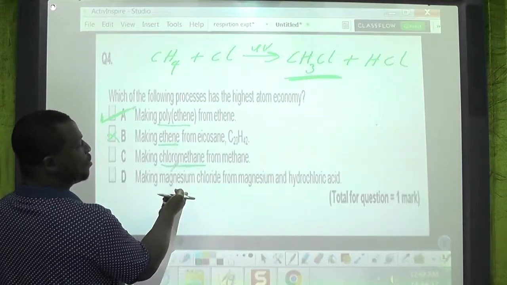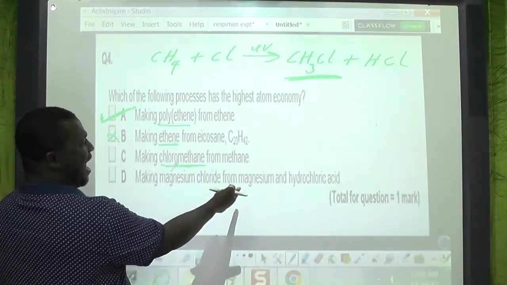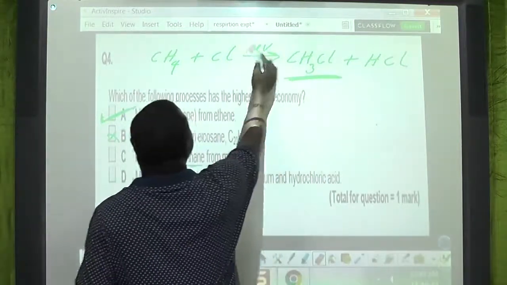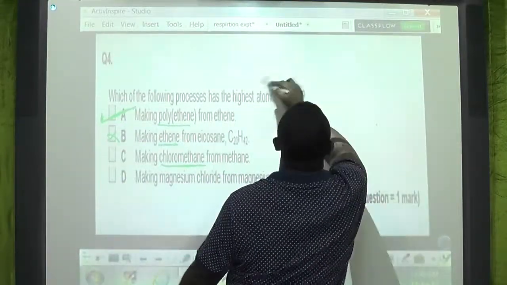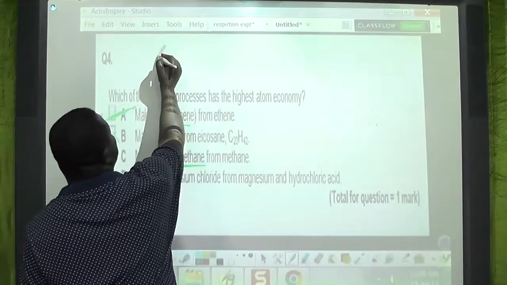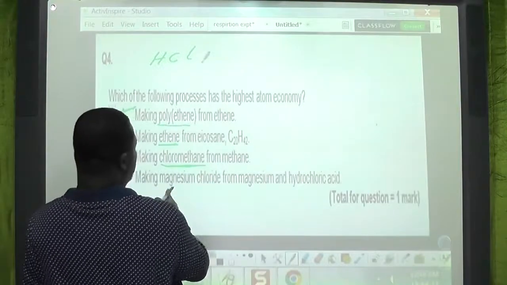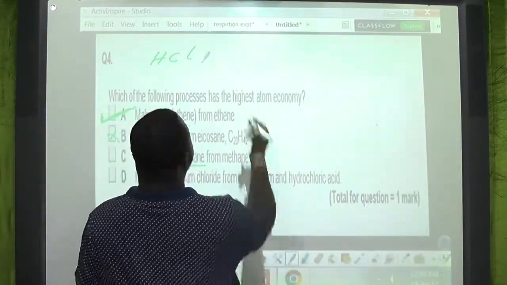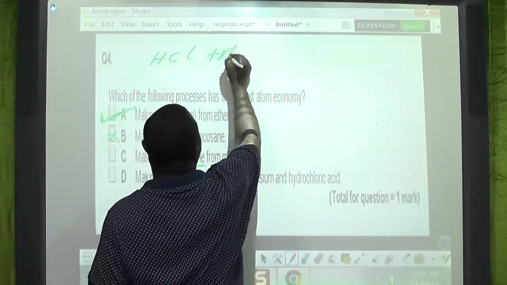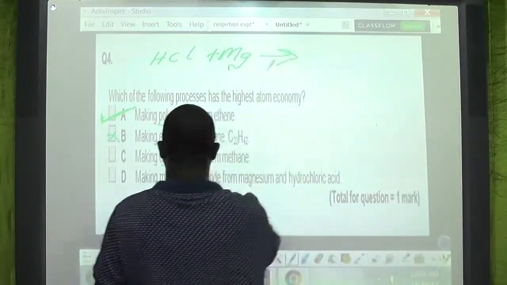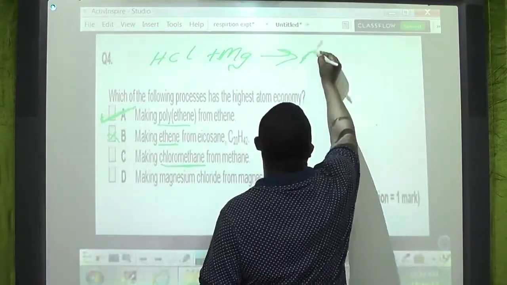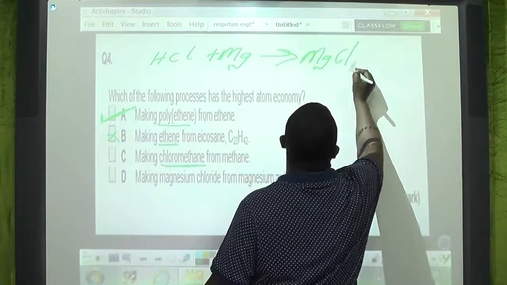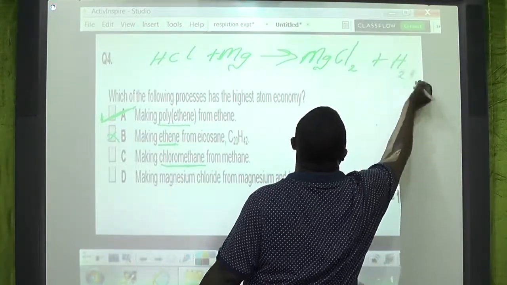Now making magnesium chloride from magnesium and hydrochloric acid. Of course, this is also a simple one from your GCSE or IGCSE. Acid reacting with a metal, magnesium, gives you magnesium chloride, which is a salt, and of course hydrogen gas.